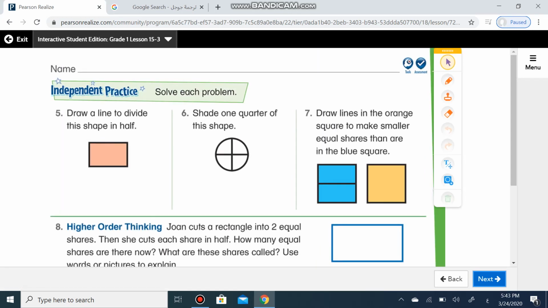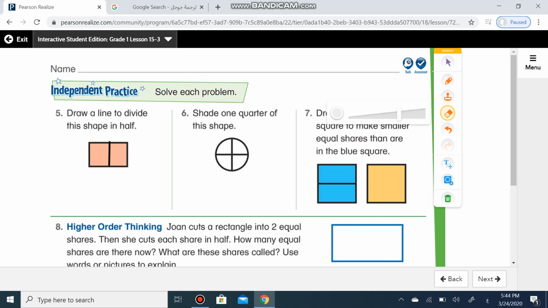Move to the next question. To the next page. Draw a line to divide this shape in half. Good. What will I do? Divide it into 2 equal shares. Very good. No, it's not.